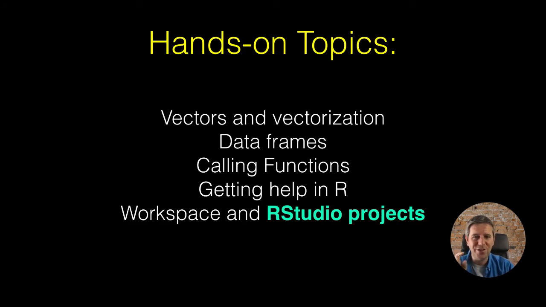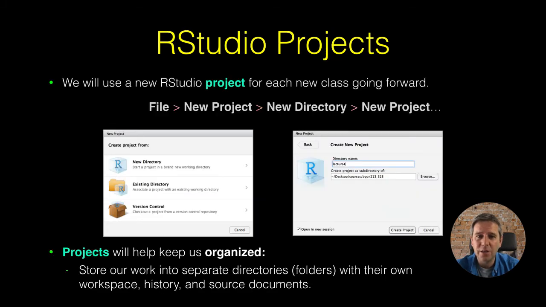One last thing to mention is right at the bottom of our hands-on sheet that you're reading and working through. It talks about RStudio projects, and I probably should have put this first. The IAs are probably going, why didn't you tell them about this first? Well, these things allow us to be organized.